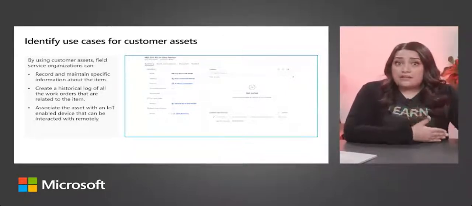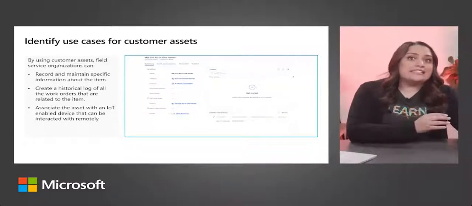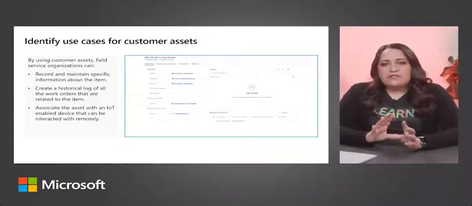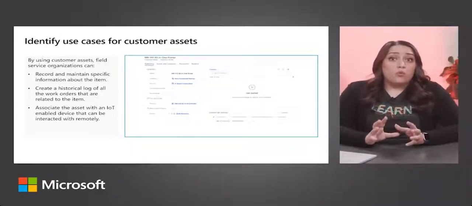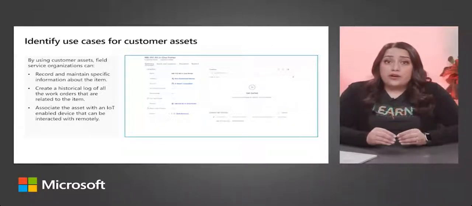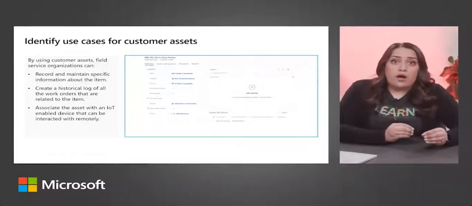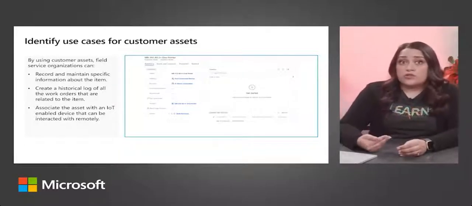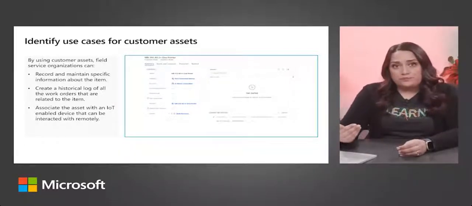Now, after the product has been delivered to the customer, it is then automatically converted into an asset. So let's say, for example, I have a technician who completes a work order that includes the installation of a 3D printer. The printer is converted from a product to a customer asset that then is going to have work orders associated with it in the future.